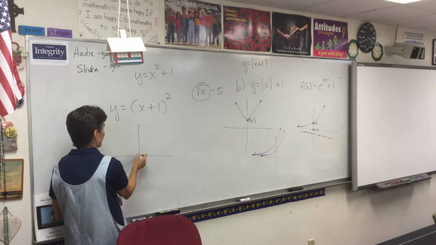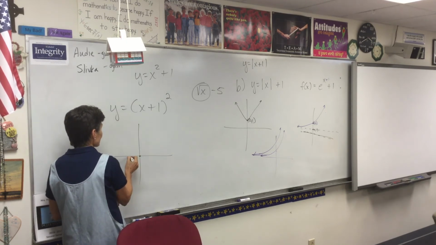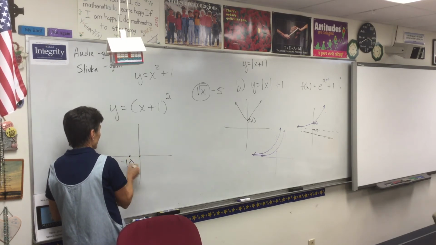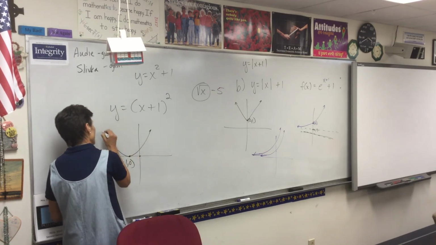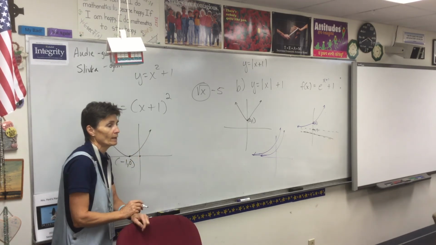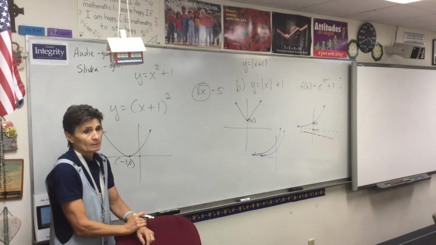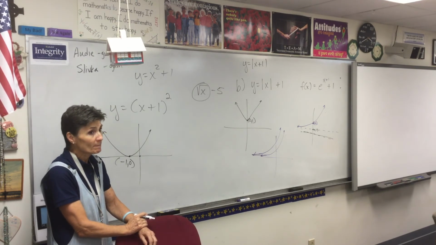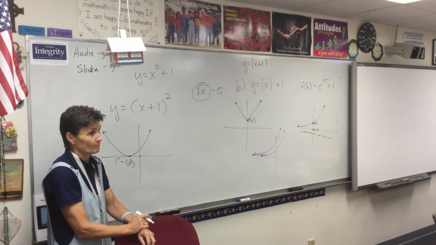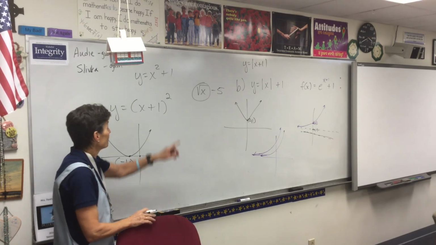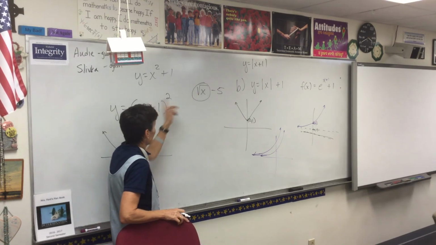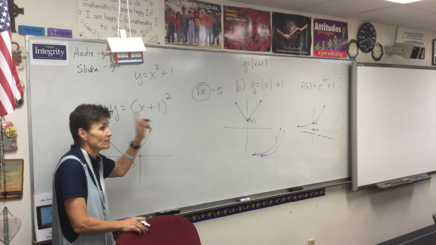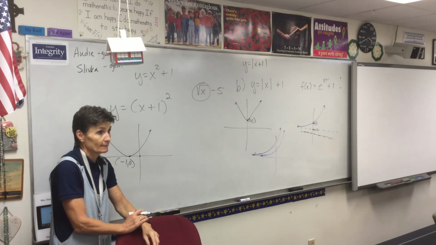It's supposed to start here, but that backs it up 1. So I have a parabola shifted over 1. Putting a plus 1 in the problem moves it left 1, just like putting a minus 5 in the problem shifted it right 5.